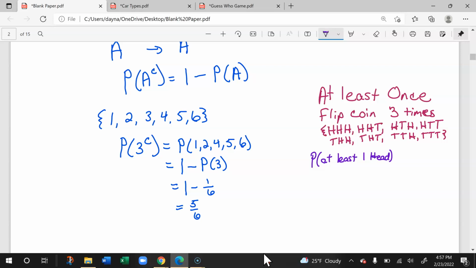At least one means 1 or more. So this means 1 or more heads. That's what at least 1 means. It does not mean fewer than 1, it means 1 and more.